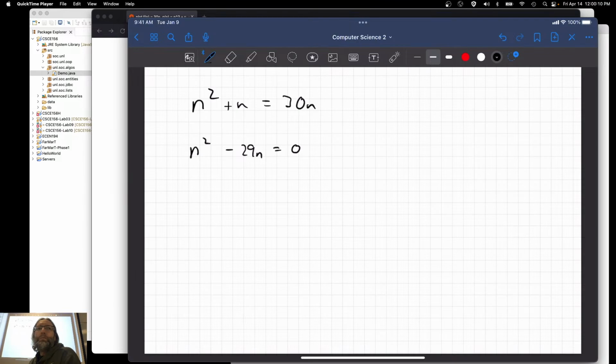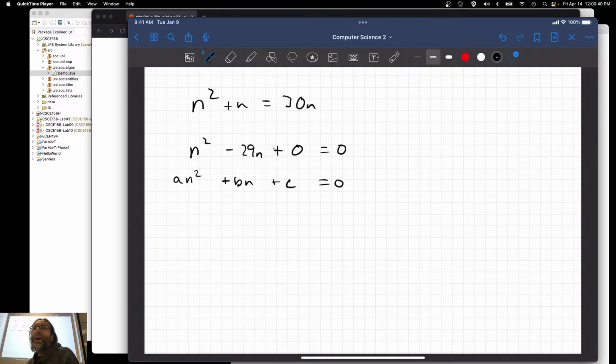So what value of n satisfies this? How many values of n satisfy this? Two. Why? It's a square. This looks a lot like a quadratic: an squared plus bn plus c is equal to 0.